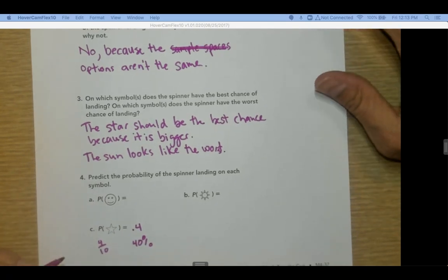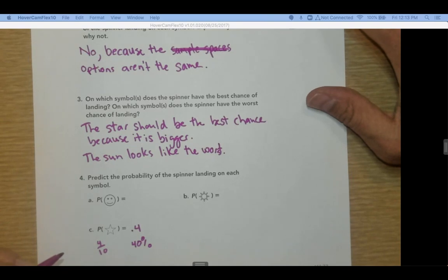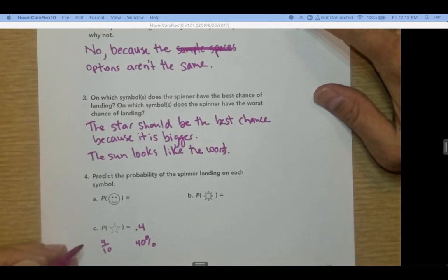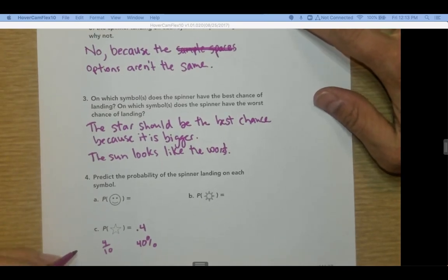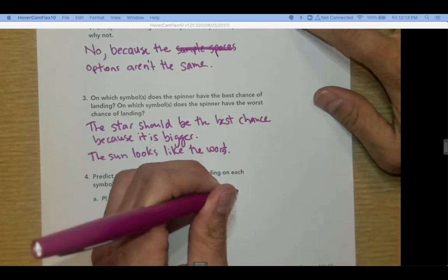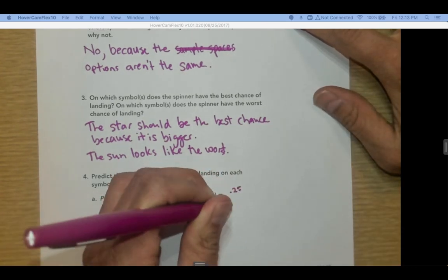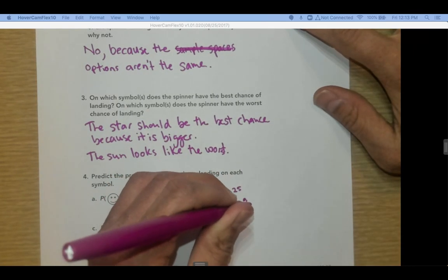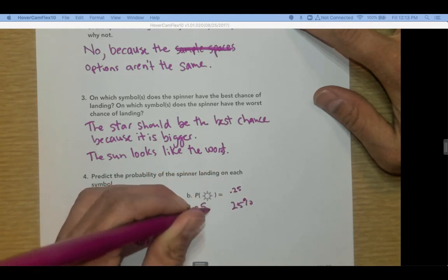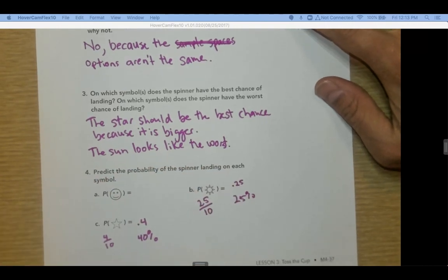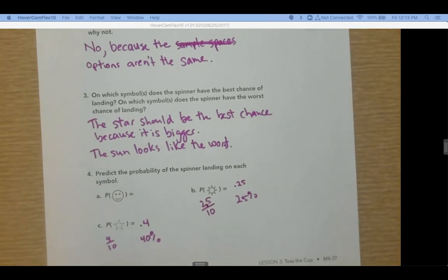Okay. The smiley face, actually, I'll go with this one. The sun looks like a quarter. It looks like 0.25, 25%, or if out of 10, it would be 2.5 out of 10. Then this one, it has to add up to 100.